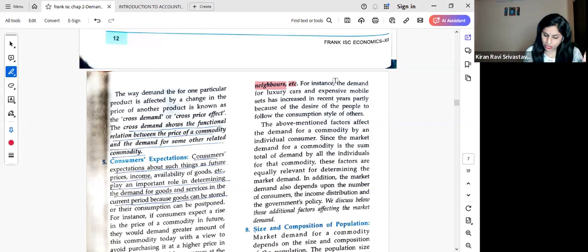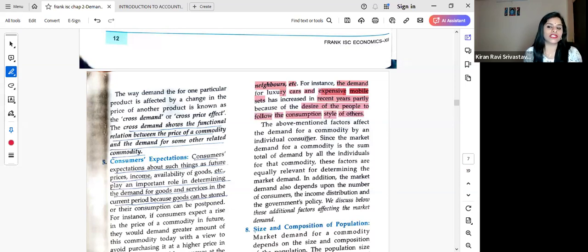So for instance, the demand for luxury cars and expensive goods. The demonstration effect is higher in the youth age group, the new working population. In very old people, the demonstration effect is very low. Luxury cars and expensive mobile sets have increased in recent years, partly because of the desire of people to follow the consumption style of others.